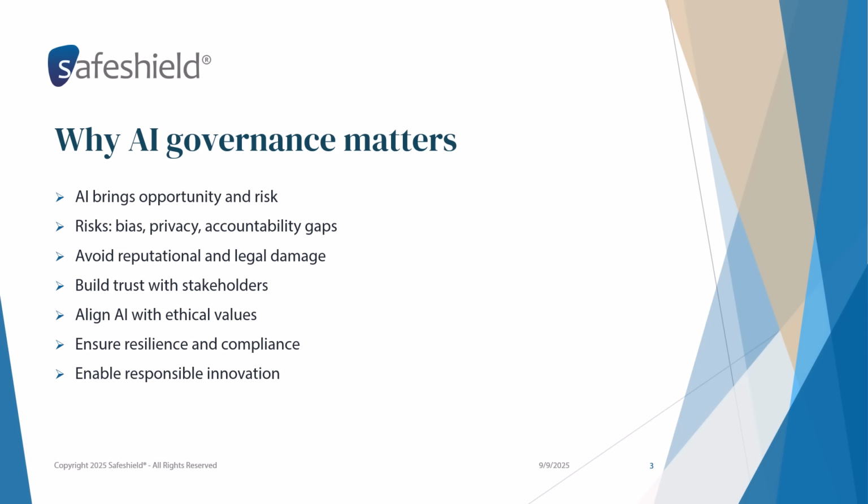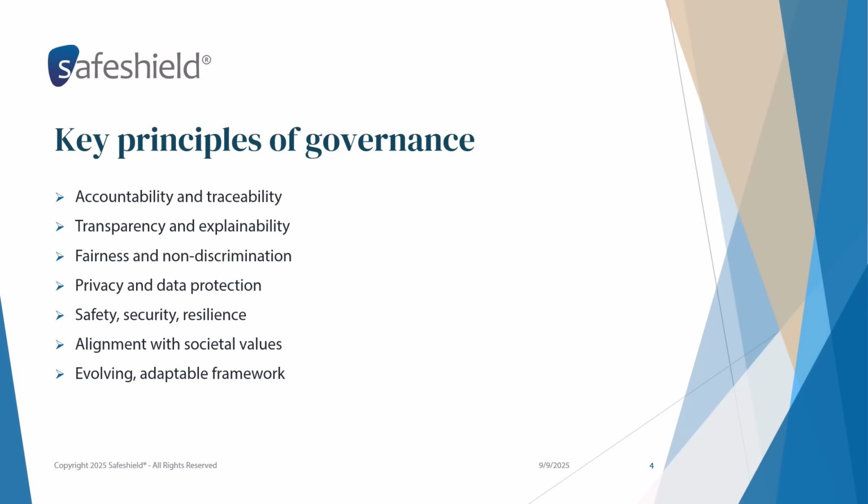Governance also enables resilience by anticipating risks before they escalate into crises. Most importantly, governance bridges the gap between technological capability and societal expectation. It ensures that AI systems do not simply function effectively, but that they do so in a way that is sustainable, lawful, and beneficial to all stakeholders.